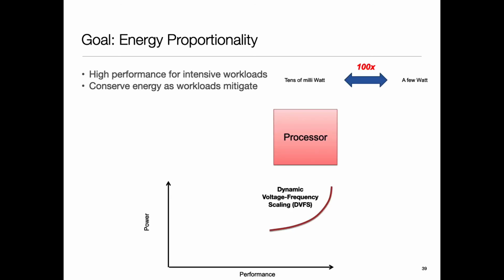Okay, so energy proportionality, the challenge that we face. Again at a philosophical level, the term came from Google from a data center perspective, but the idea is that any given system, processor, server, whatever, is designed for some operating point.